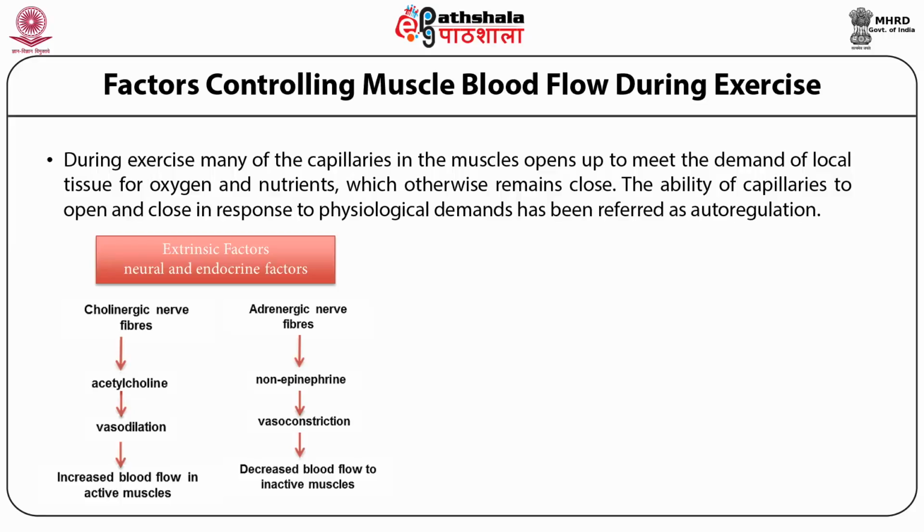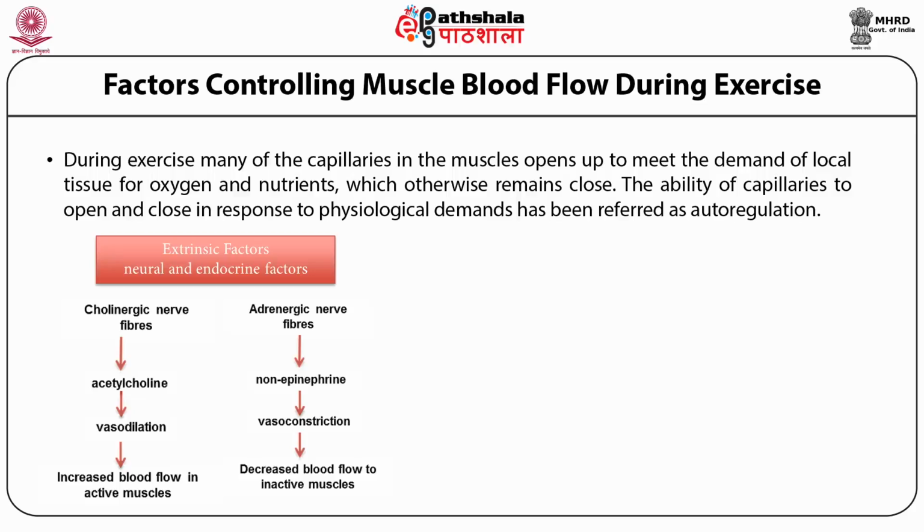Furthermore, activation of the sympathetic nervous system causes the adrenal gland to release epinephrine and norepinephrine hormones into the circulatory system. These hormones increase the heart rate and force of ventricular contraction, or the stroke volume, while performing exercise.